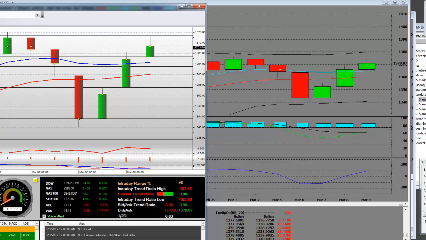And you would have to break the tops to get to these levels I'm describing. However, the level that we're going to work with right away is, do we close above, let's say, 1382 on the S&P 500? And what would that look like?